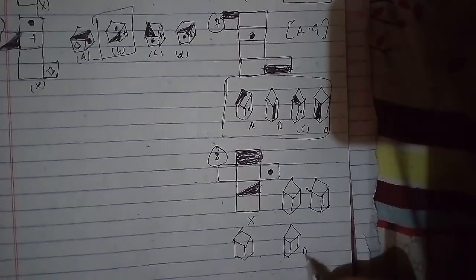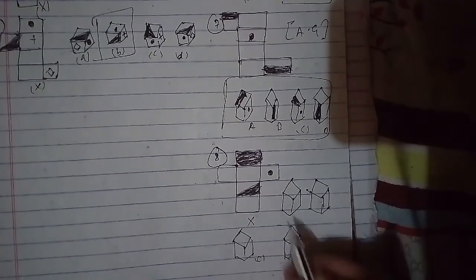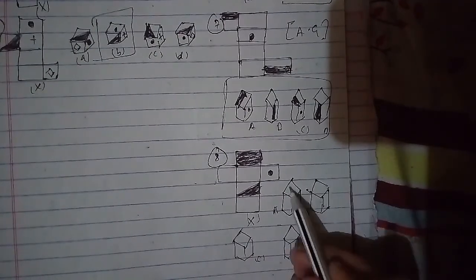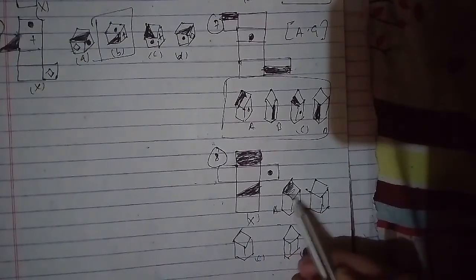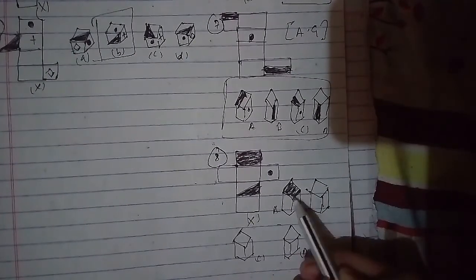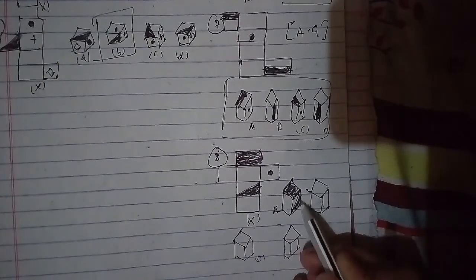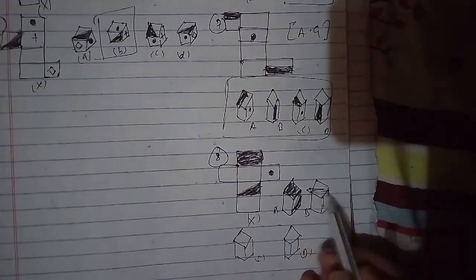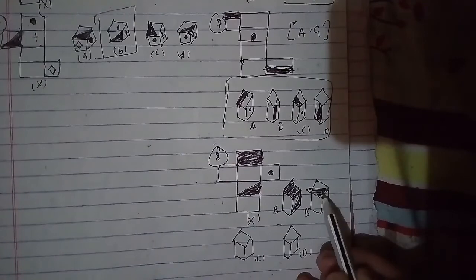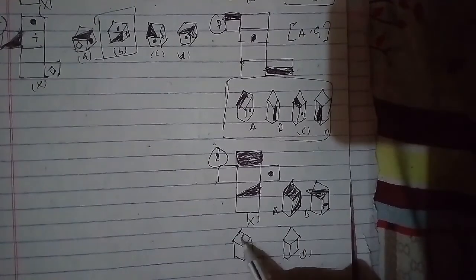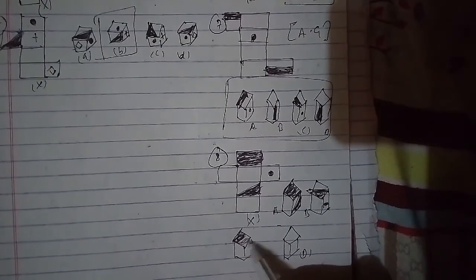So here your figure X is the same as form of 1, so that the half shaded face and the completely shaded face lie opposite to each other. Therefore the cube A cannot be formed, and moreover its pattern in figure X shows that out of the cubes B, C, D, only the cubes B and D can be formed by folding X here.